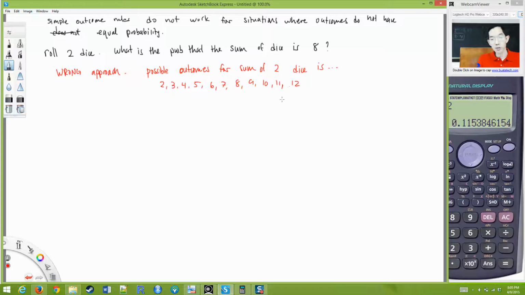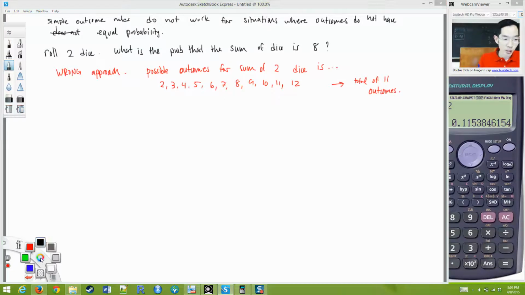These are the possible outcomes when you roll two dice and you add those up. There are 11 possible numbers that you can get. So there's a total of 11 outcomes.